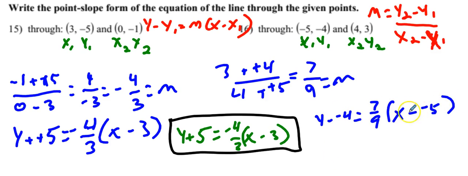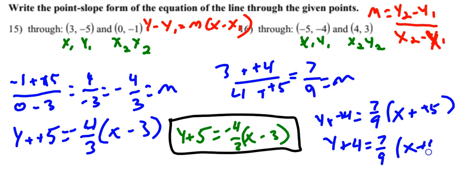Both of these are going to change to positive. Y plus 4 equals 7/9 x plus 5. And that one's finished.